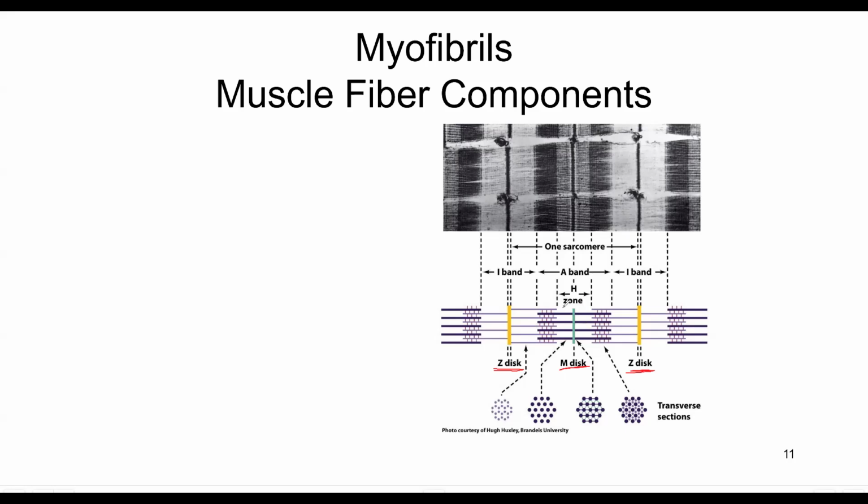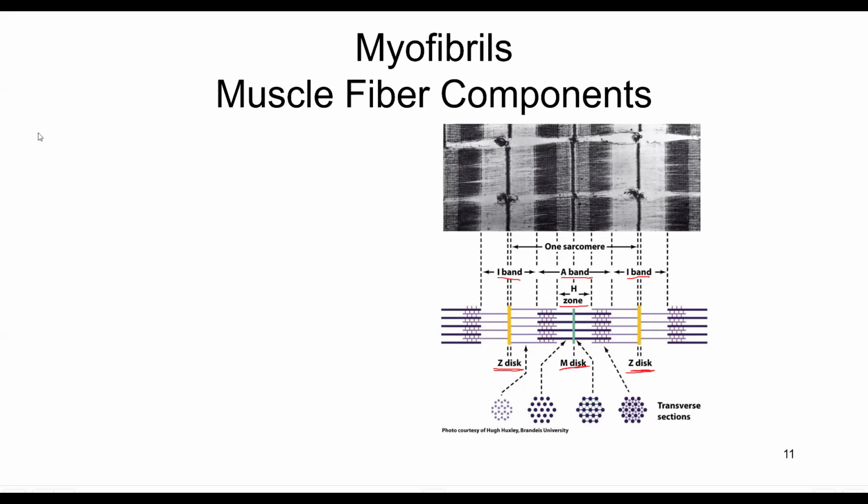The innermost region of a sarcomere is the H zone. The flanking sides of a sarcomere are the I bands, and the interior region that is composed of the H zone and then some is known as the A band.